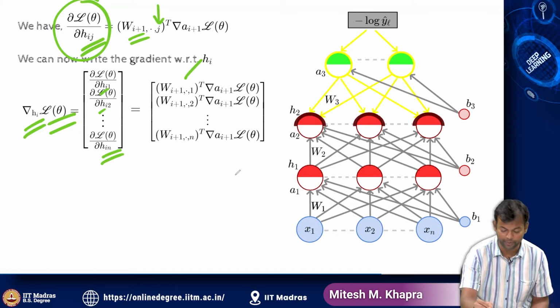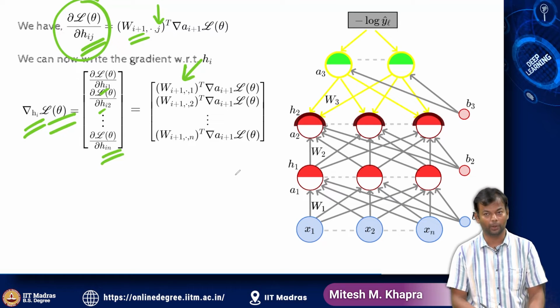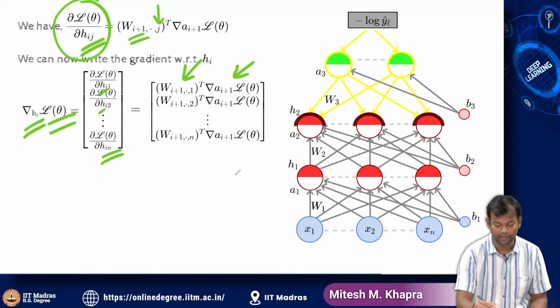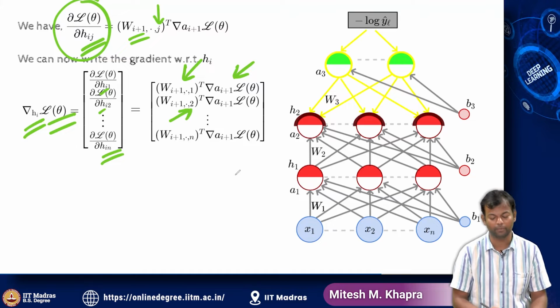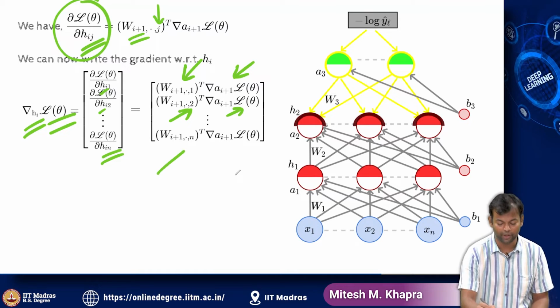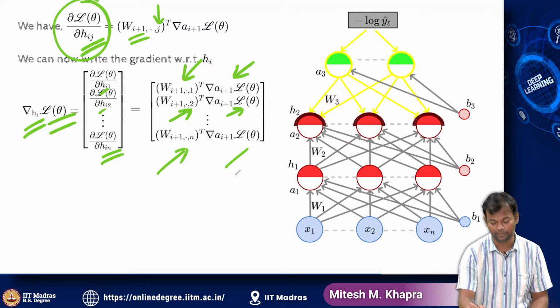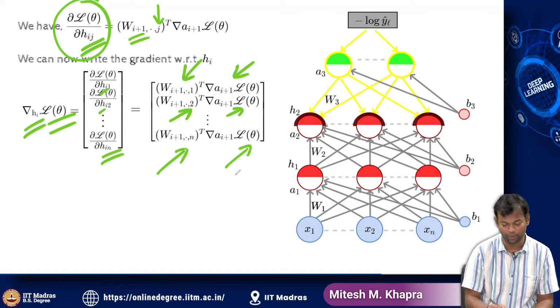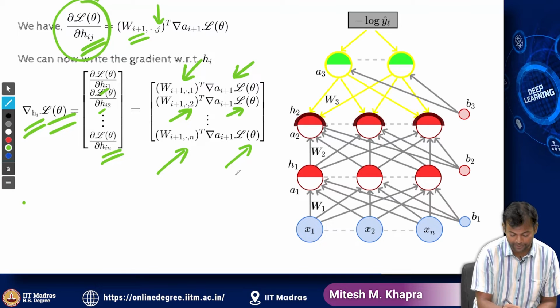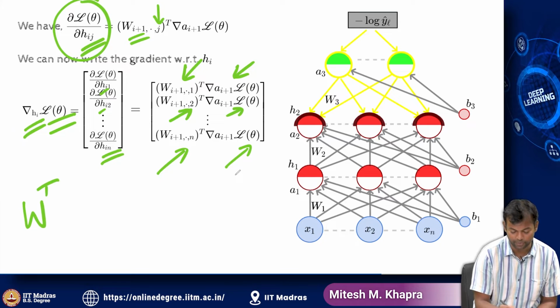It is the dot product between the first column of the weight matrix with the gradient vector, the dot product of the second column of the weight matrix with the gradient vector, the dot product of the last column of the weight matrix with the gradient vector, right. So, what is that looking like? Let me just try to write the matrix W transpose, W i plus 1 transpose.